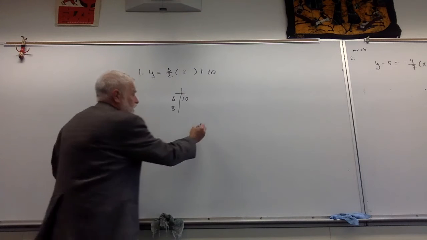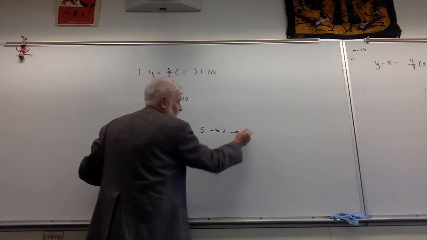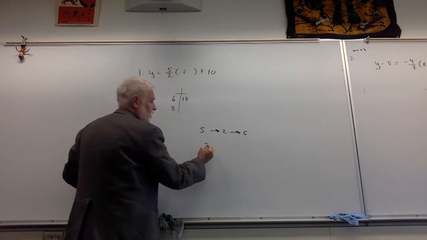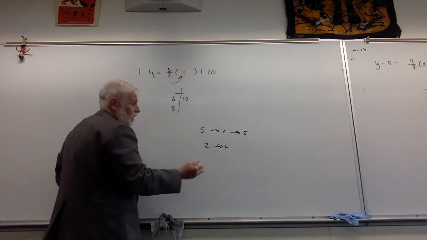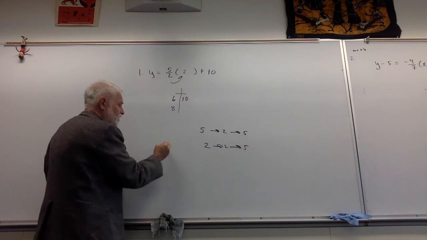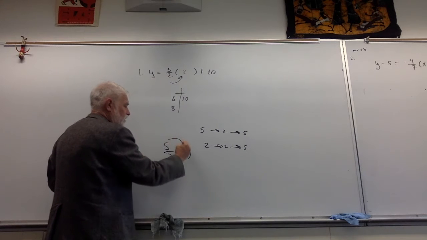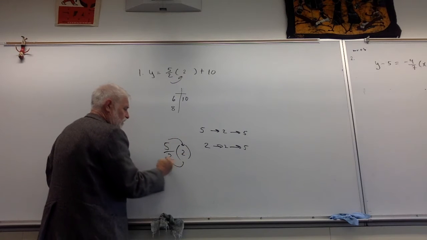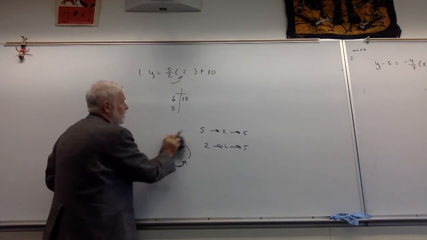So we can say 5 times 2 is 10, divided by 2 is 5. Or we could have done 2 divided by 2, well, that's 1, and 1 times 5 is 5. So it doesn't matter when you're looking at something like this whether you go in this direction or the other way around, you're going to get the same answer.